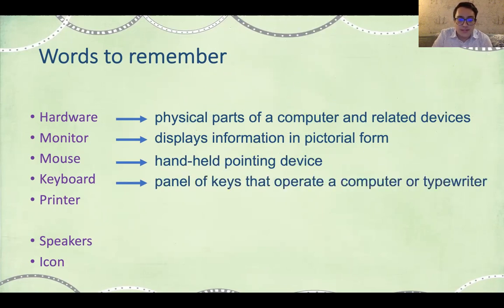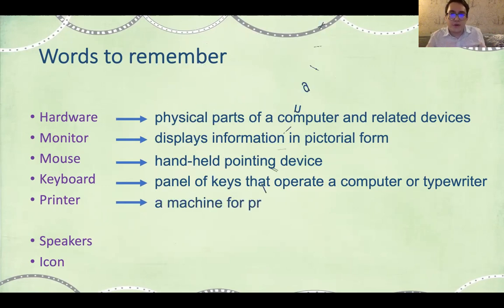What is a keyboard? A panel of keys that operate a computer or a typewriter. Okay, so you can use a keyboard to type, to write something in your computer.